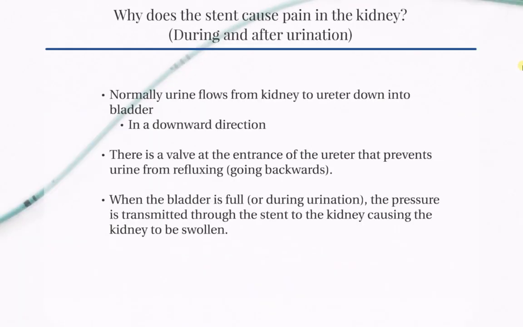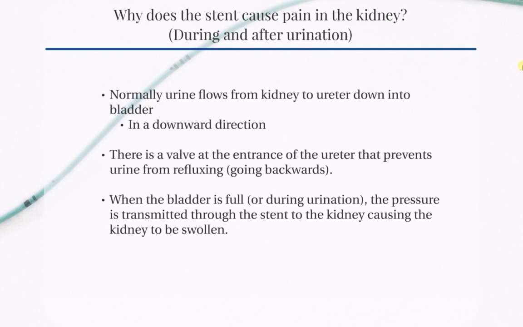Why does the stent cause pain in the kidney during and after urination? Normally, the urine flows from the kidney to the ureter down into the bladder in a downward direction. There is a valve at the entrance of the ureter into the bladder. This valve prevents the urine from refluxing or going backwards into the kidneys when the bladder is full or during urination.